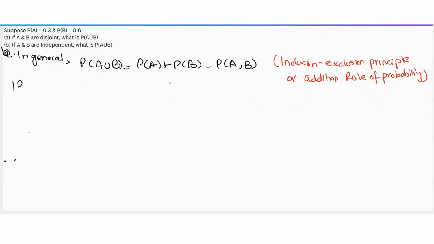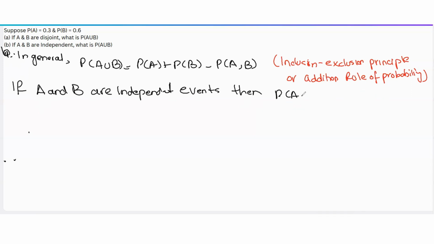Now if A and B are independent events, then the probability of A and B is just the probability of A times the probability of B. For independent events, the joint probability is the product of the individual probabilities.